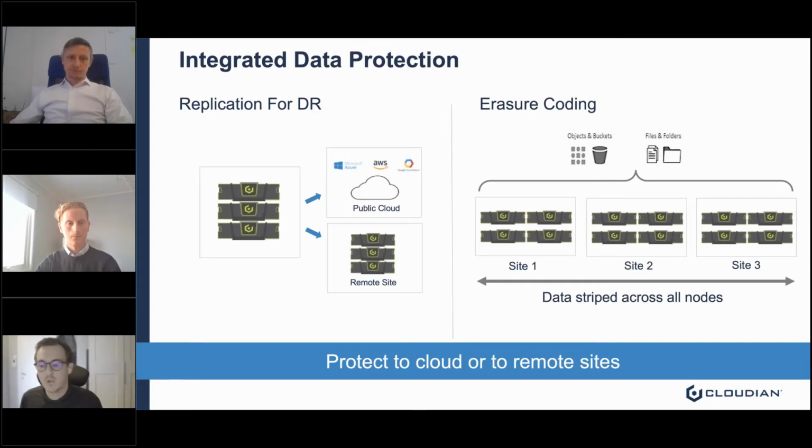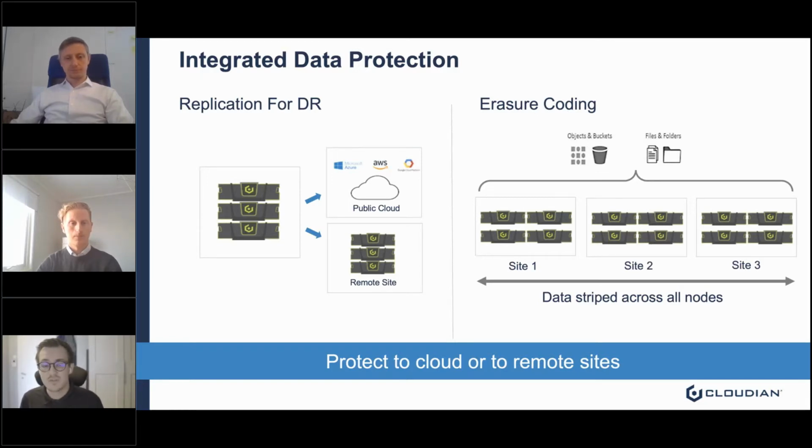And of course, not only is the API important, it's also important how you are storing the data and how you are protecting the data. Like I mentioned, we can do replication for DR, either to a different Cloudian cluster or different Cloudian nodes, or you can do replication or tiering to the public cloud as well.